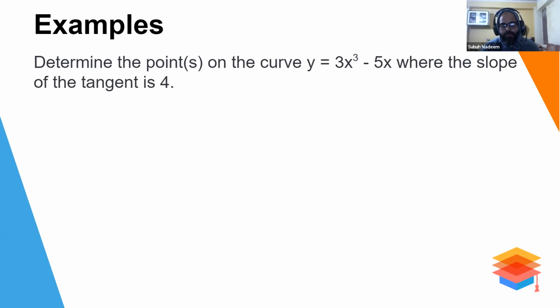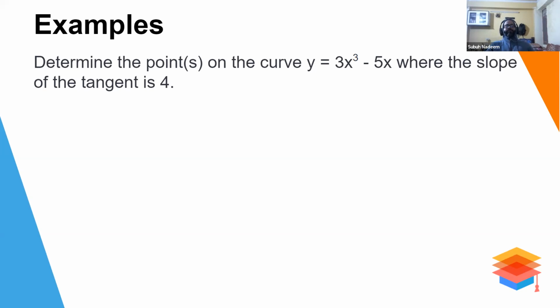Can you try? So 9x squared minus 5. Now equate that to 4.